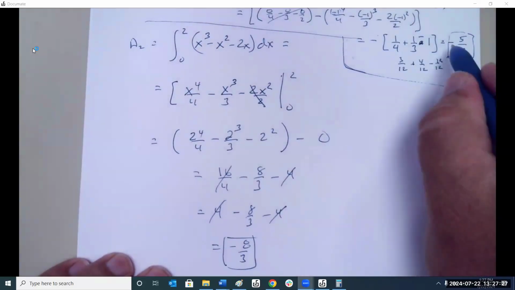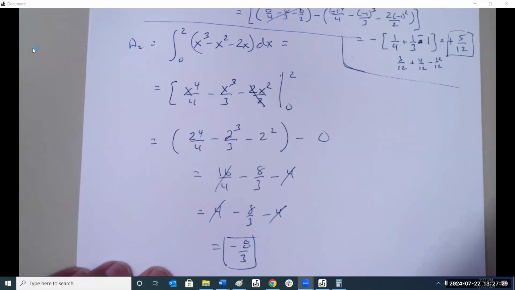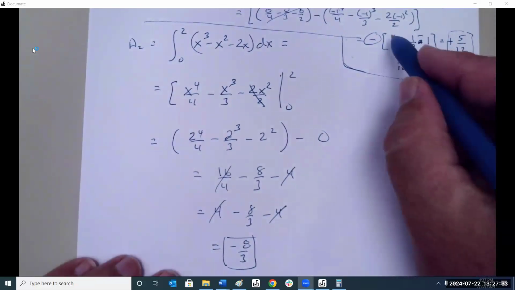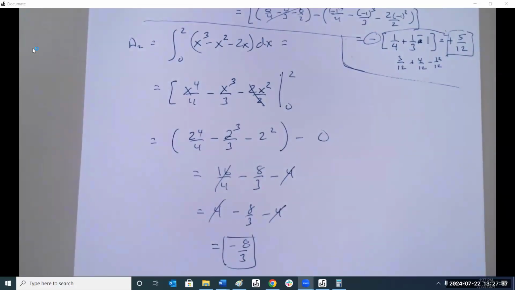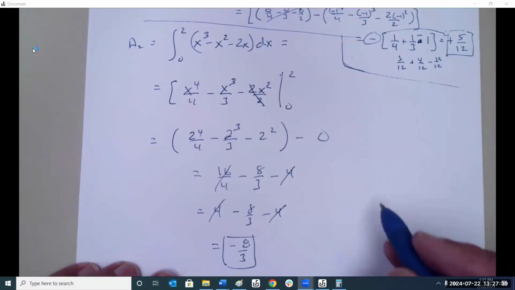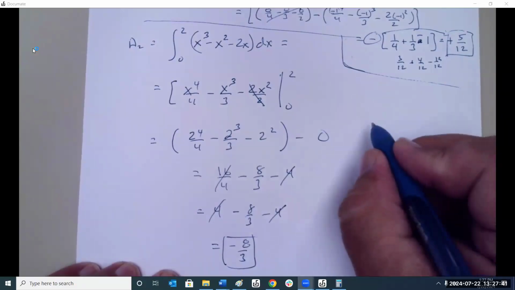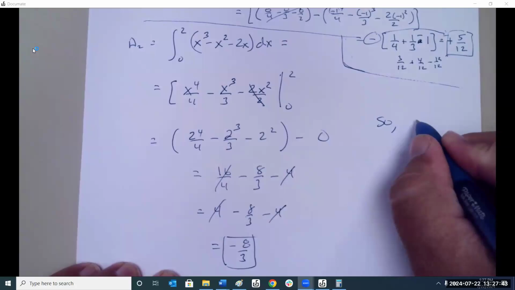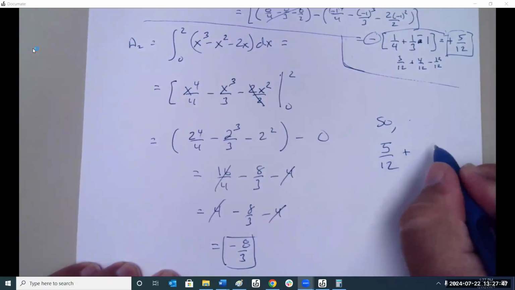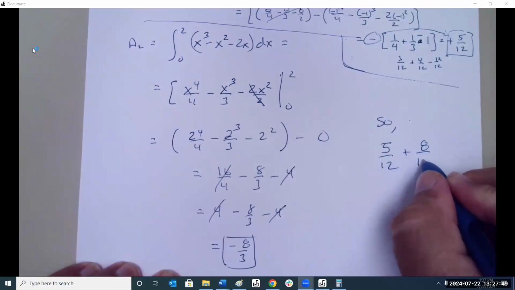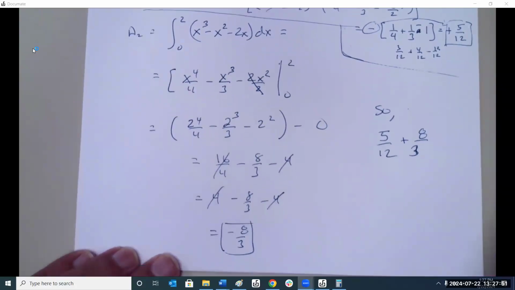Well, if we have the negative out in front, makes that a positive. This negative makes it a positive. So we have 5/12 plus 8/3.